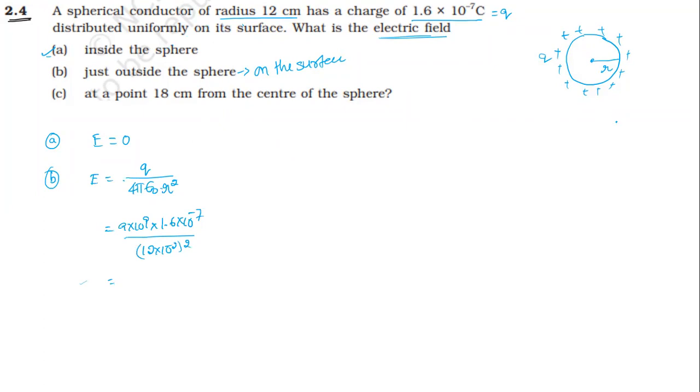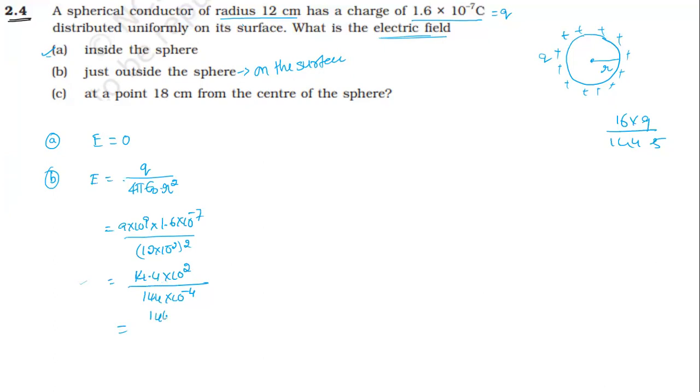Now to simplify, 16 times 9 gives 144, so it will be 14.4 into 10 power 2, divided by 12 square, which is 144 into 10 power minus 4. I'm going to simplify this. 144 is done, so 14.4 is done.